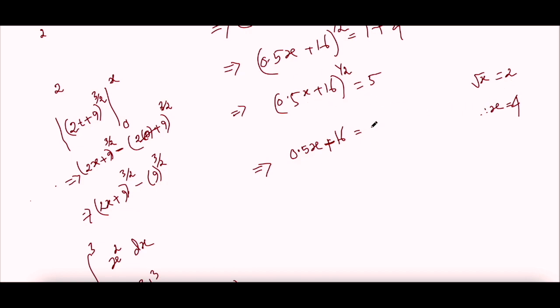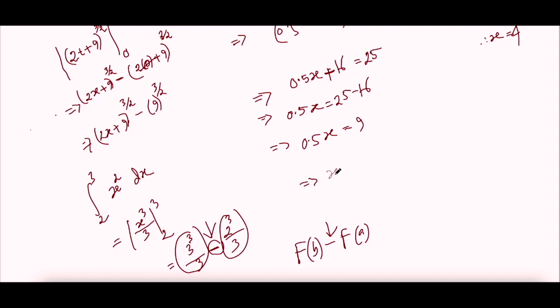Here, squaring both sides, this equals 25, so 0.5x equals 25 minus 16. This implies 0.5x equals 9.